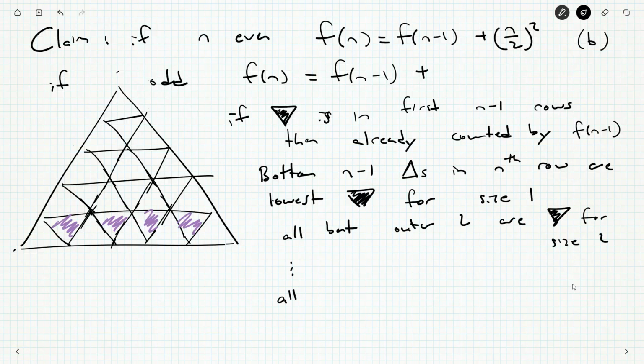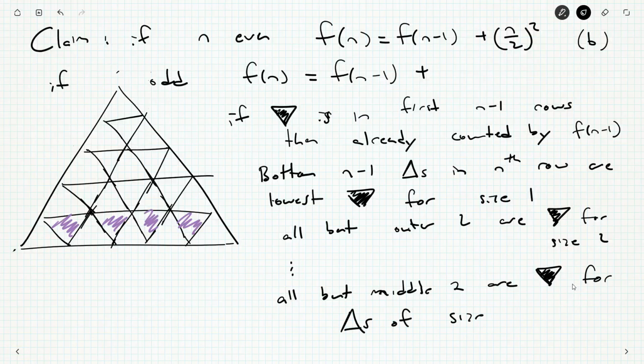Yada, yada, yada. All but the middle 2 are bottom triangles or lowest triangles for triangles of size... So what's the biggest size we can have here? Looks like size 2 is the biggest we can have for F5, so size n over, well, since I know n is odd, it's going to have to be n minus 1 over 2.